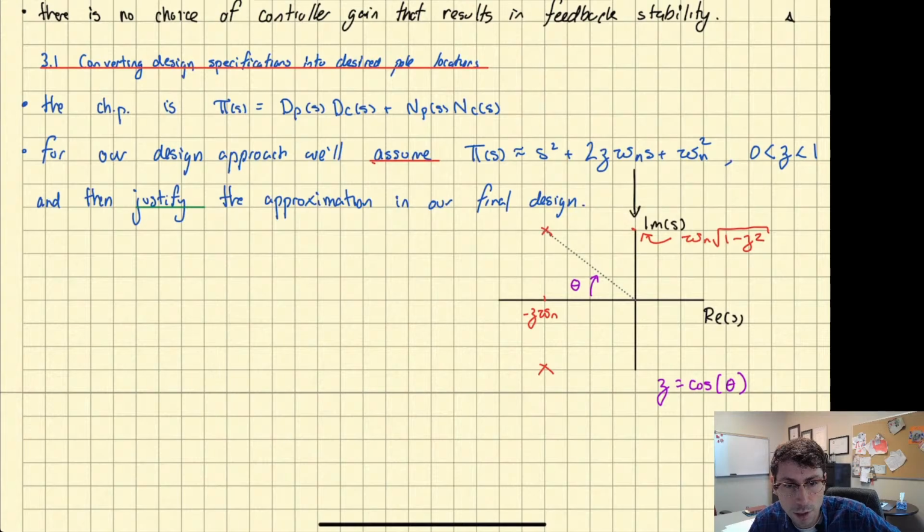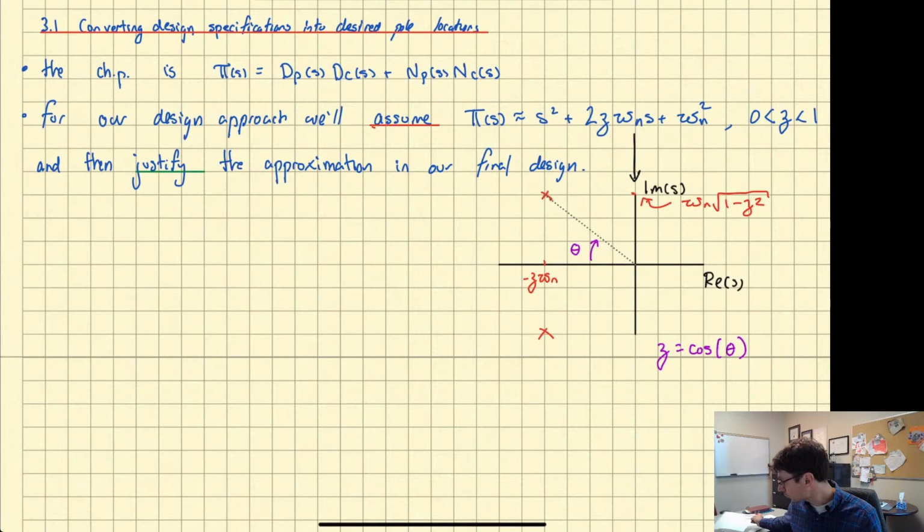Okay, so we're assuming that our system is second order underdamped, so its poles look like that, and we're going to translate specs into desired pole locations, or acceptable pole locations. So we'll start with settling time.